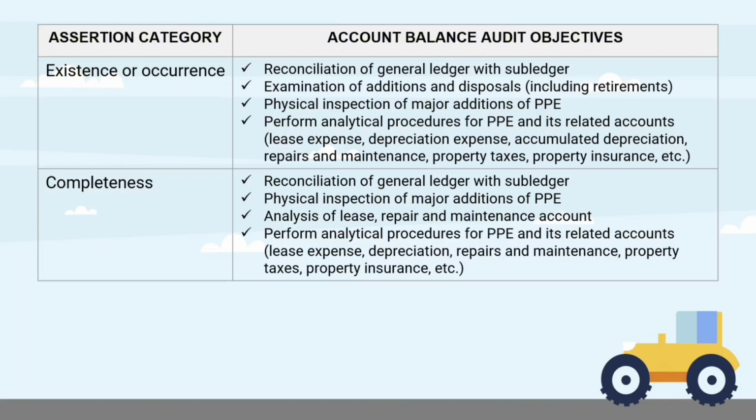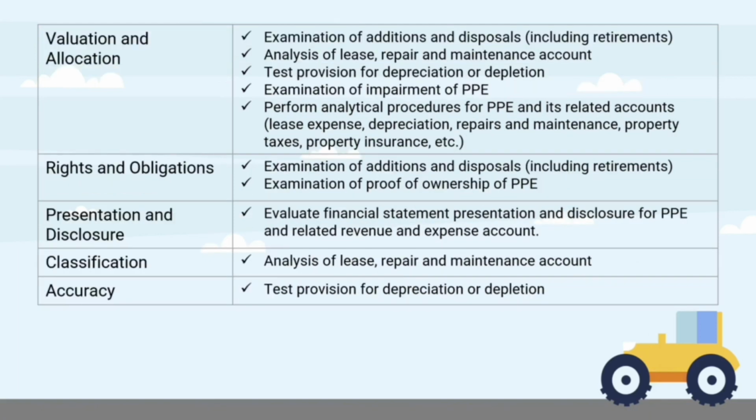Then, for valuation and allocation, we have examination of additions and disposals, which includes retirements. Then, analysis of lease, repair, and maintenance account, test provision for depreciation or depletion, examination of impairments of property, plant, and equipment, perform analytical procedures for property, plant, and equipment, and its related accounts.